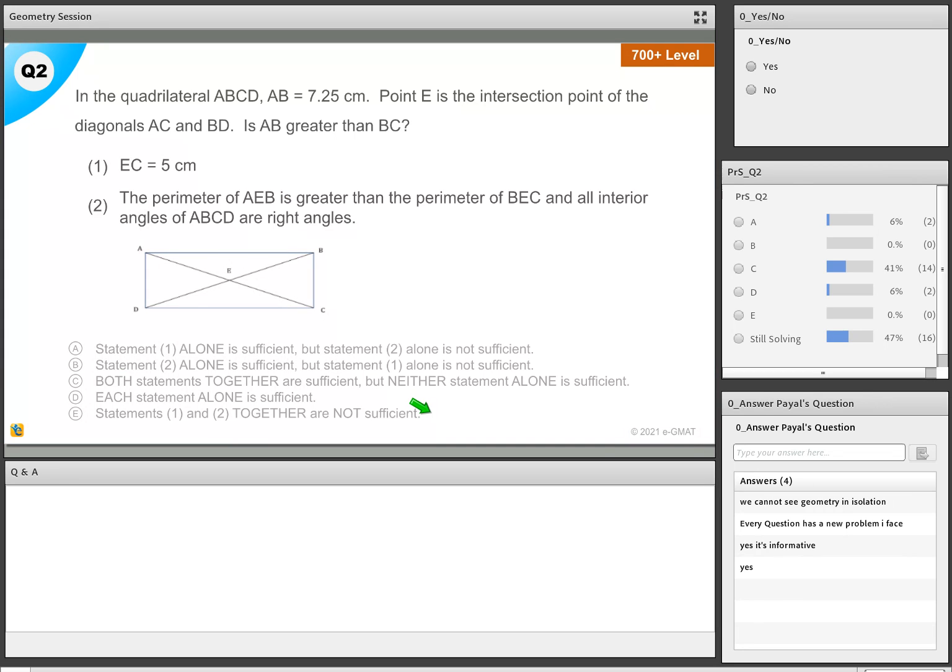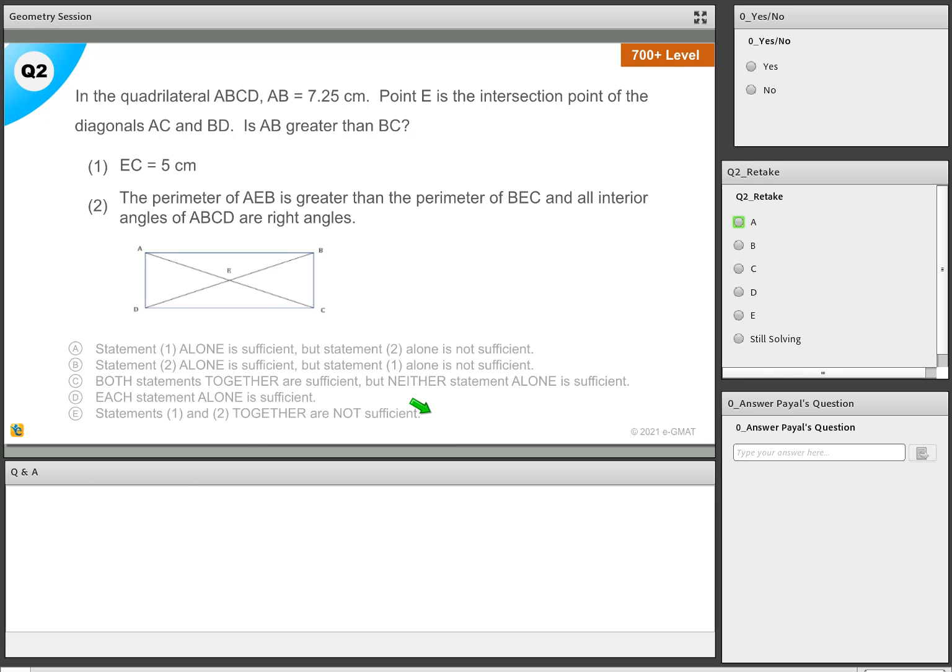I'm going to give you another opportunity here to solve this question and apply the understanding that you have gained from the question that you just solved. And I'm going to give you one hint here. Observe that what you have over here is a quadrilateral. Observe that and then proceed with solving this question.